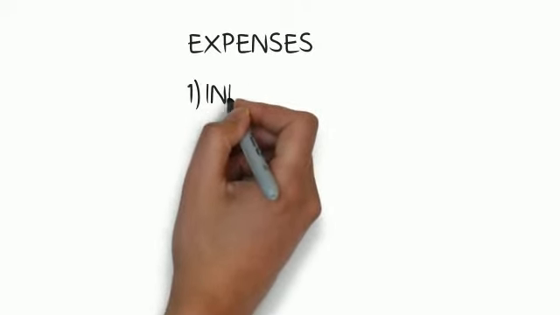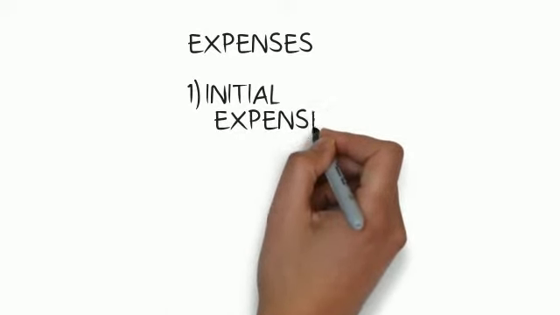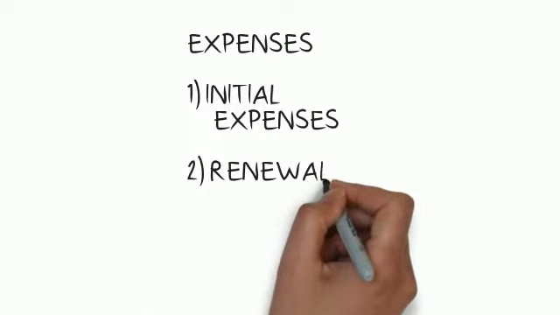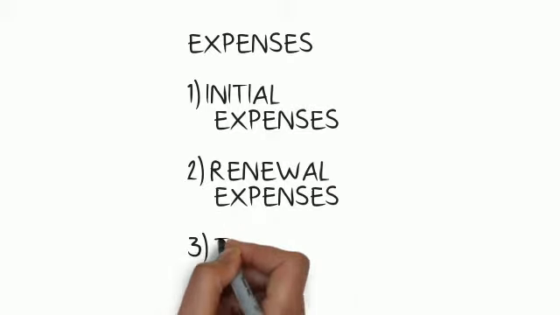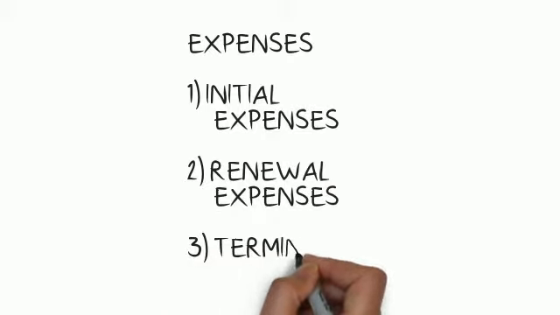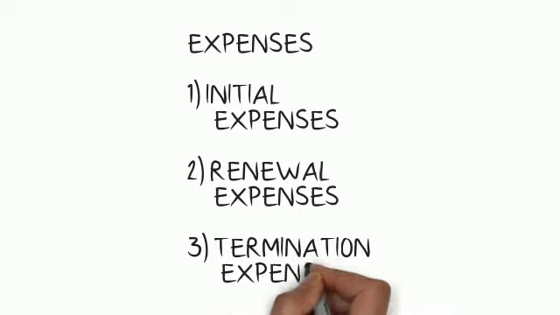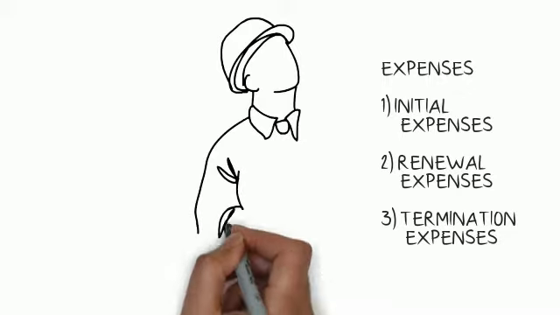And when we look at expenses in this context, we need to understand the expenses of the insurance company: initial expenses, renewal expenses, and termination expenses. But there is another tier of expenses.